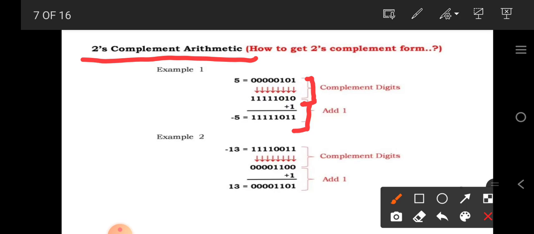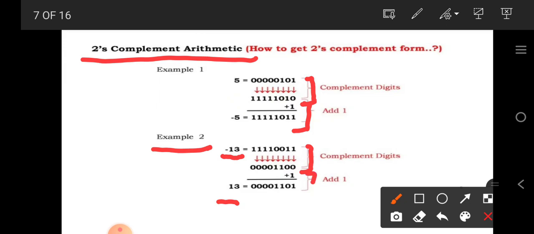So this is the first example, and in example number 2, you have to convert minus 13 into a positive 13 by using the complement theory. So the first step is to take the complement of minus 13, that is 11110011. Its complemented form is written here, 0000 1100.